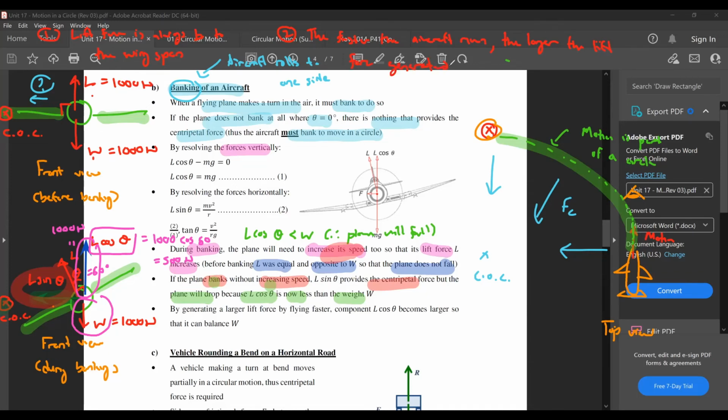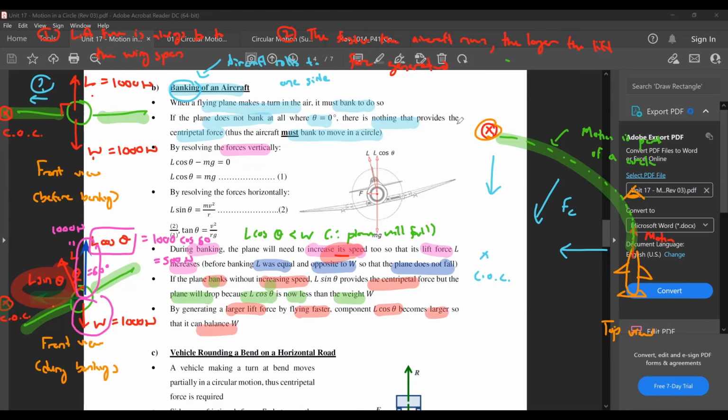That's the reason why we have to increase our speed in the first place, so that our lift force increases. If we fly faster, we have a larger lift force. By having a larger lift force, L cos theta could become larger so that it can balance W.